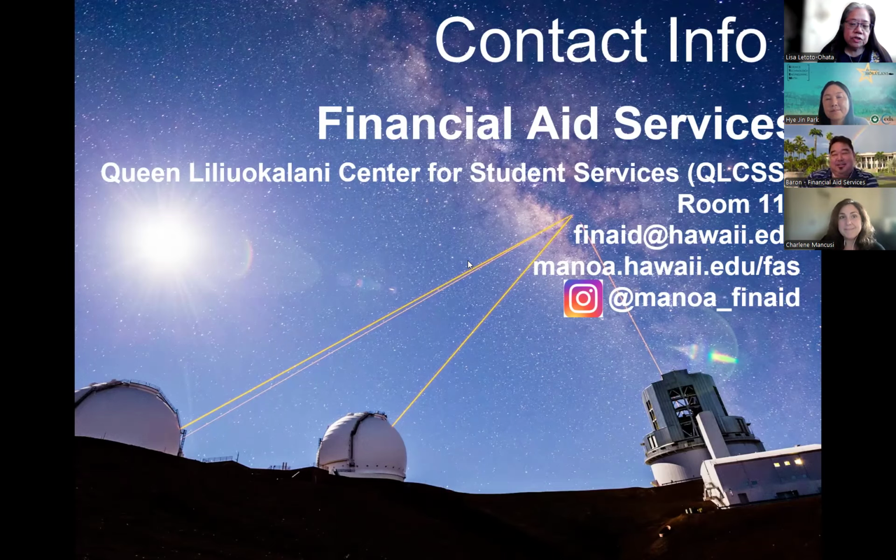I also wanted to share that I'm housed in Native Hawaiian Student Services, which is right next door to financial aid in Queen Liliuokalani Center for Student Services. There's also the Kua'ana tuition awards as well, and I will drop the link in the chat. That is a tuition waiver. It's often a partial tuition waiver, which means that funding is applied to your tuition only.